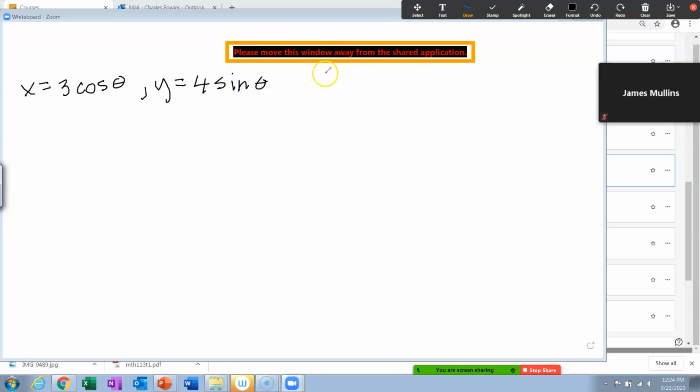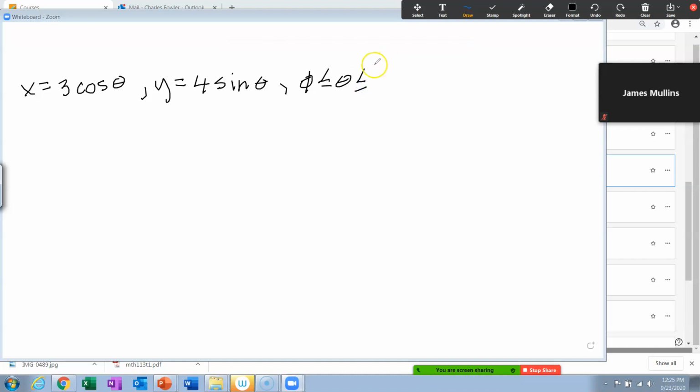Okay, and we're going to sketch this as theta is going from 0 to 2 pi.